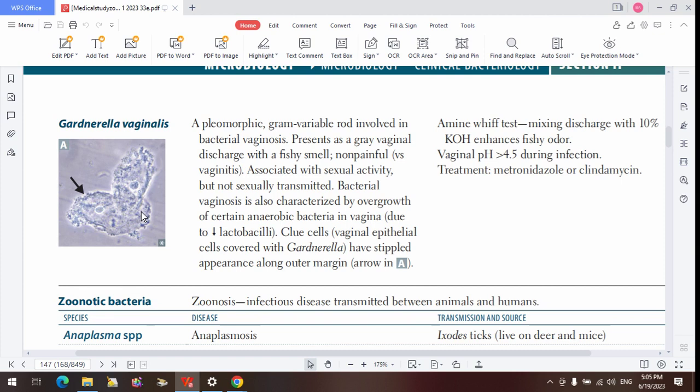When we get to fungi we are going to talk about them very well. Some of them can be dimorphic. They can exist as a mold or as a yeast. Mold is the one that contains hyphae, which are filamentous.